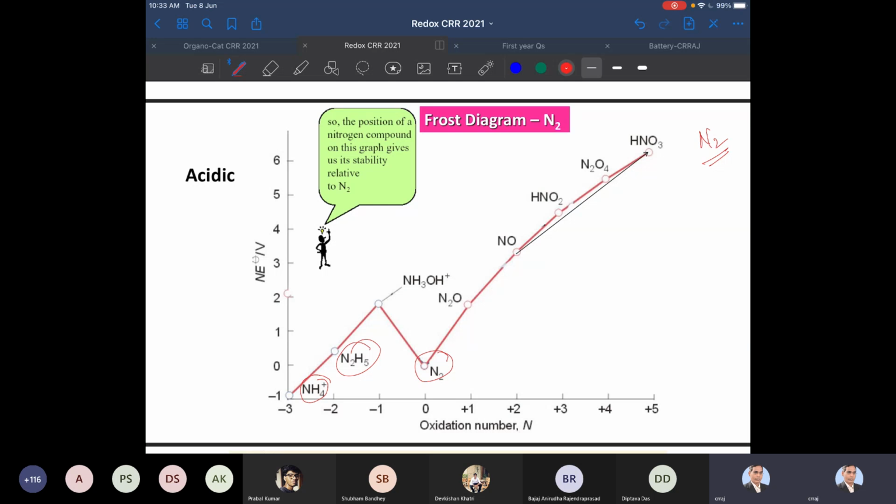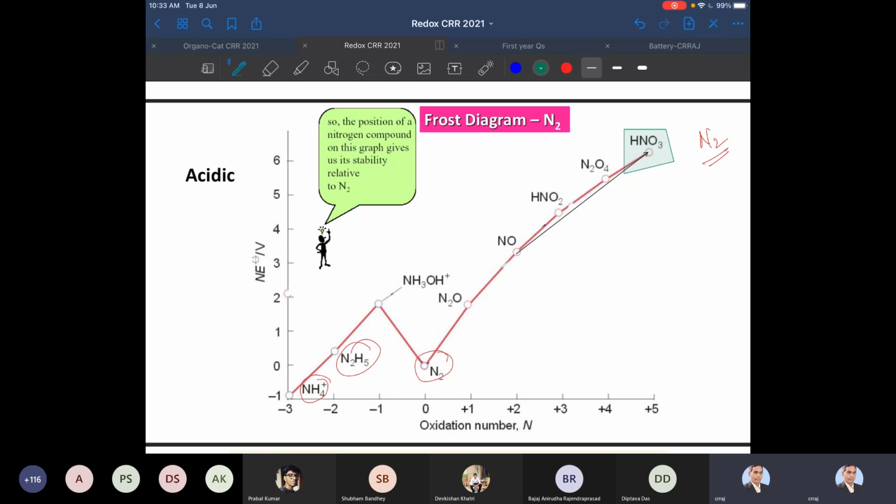HNO3 occupies the top corner. Based on what I explained for the Latimer diagram, one can easily tell from this diagram that HNO3 is supposed to be a powerful, anybody?